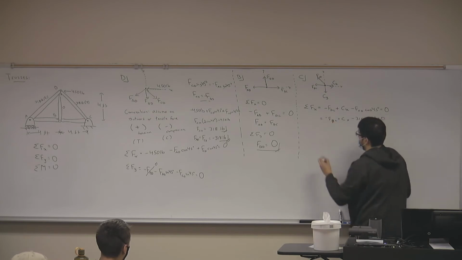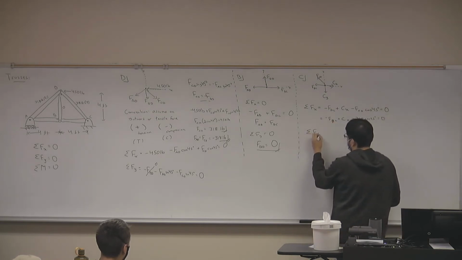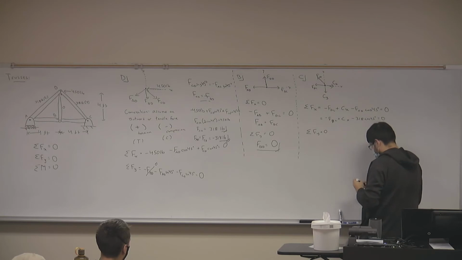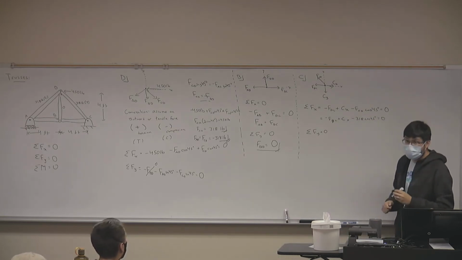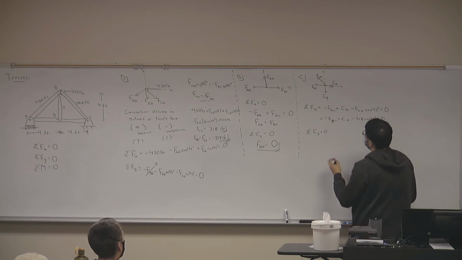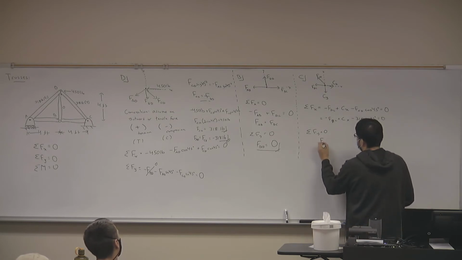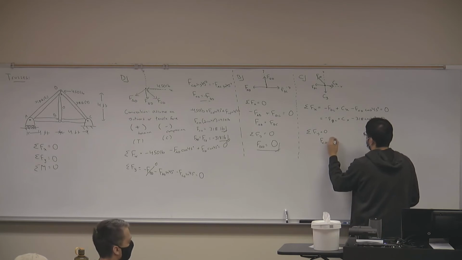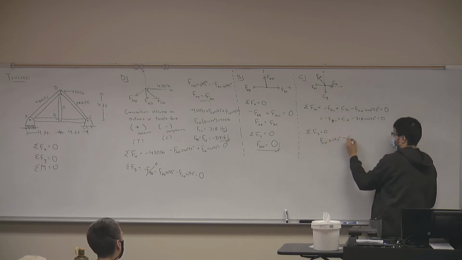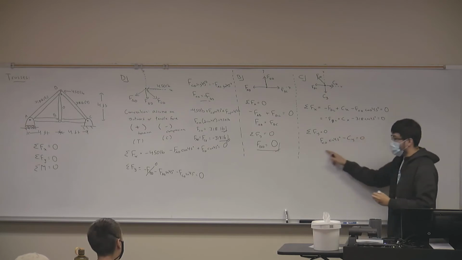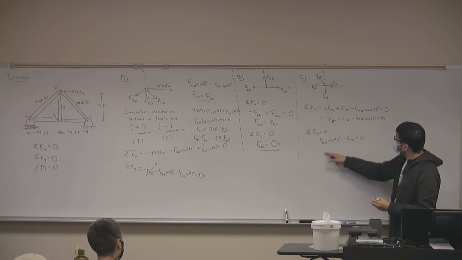Sum of forces in the y direction equals 0. And what forces do I have in the y direction? The sine of the CD force. Okay, so I get FCD sine of 45, and Cy plus or minus? Minus. Minus Cy equals 0. Do we know any of these variables? You know FCD, right?